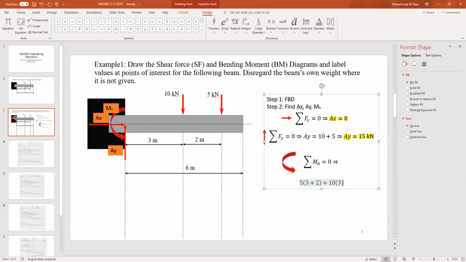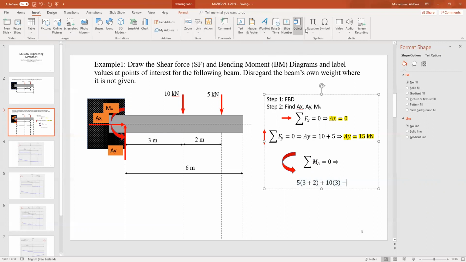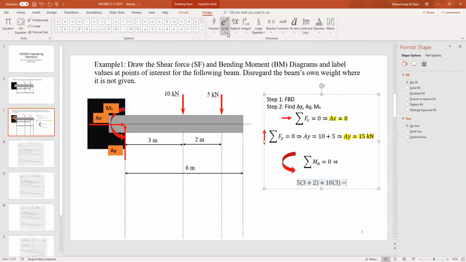So that is equals to what? Or in other words, it's minus the moment, which is the one we're trying to find here. So minus MA equals 0. So that's the equilibrium for the moment.